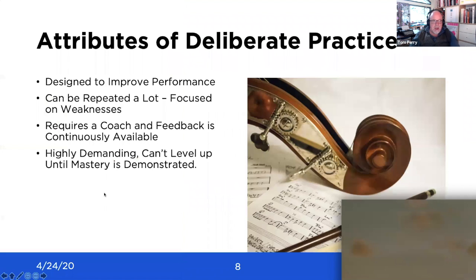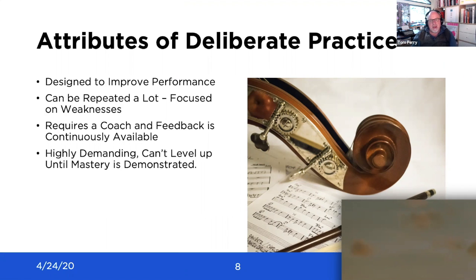So with that in mind, let's look at what Anders Ericsson was talking about, and that was something called deliberate practice, which was a very, very specific type of practice. When it comes to deliberate practice, there are some characteristics of it, or attributes of deliberate practice, that are essential. First, it has to be designed to improve performance.